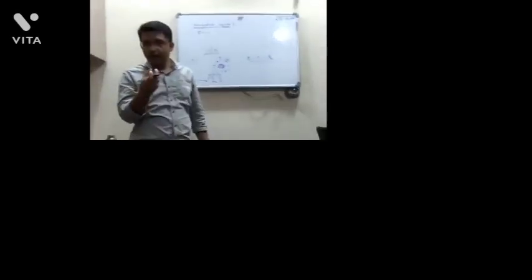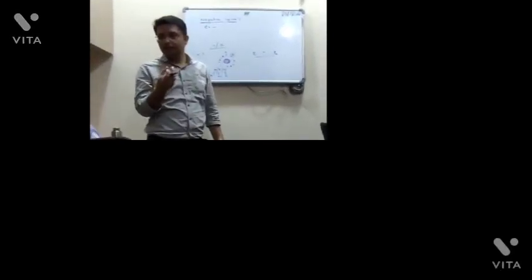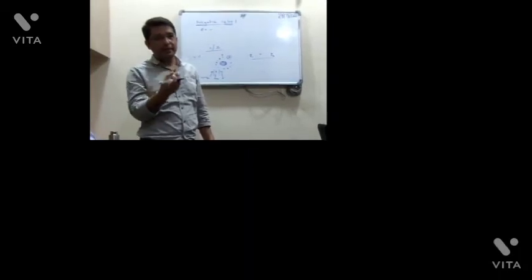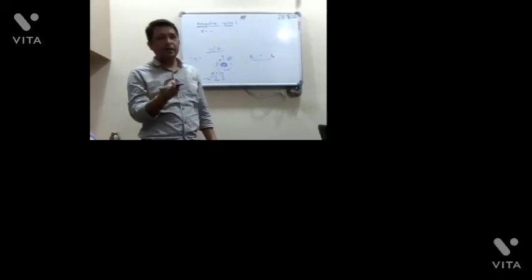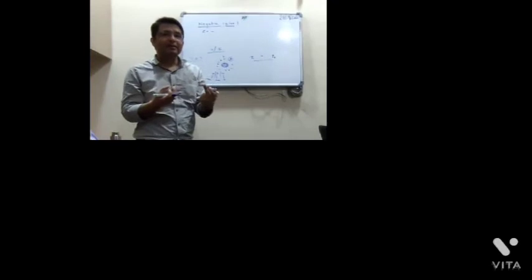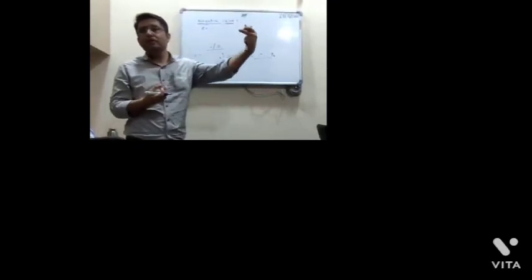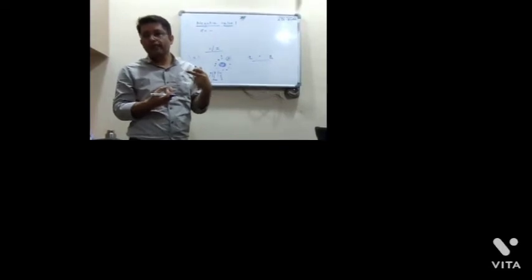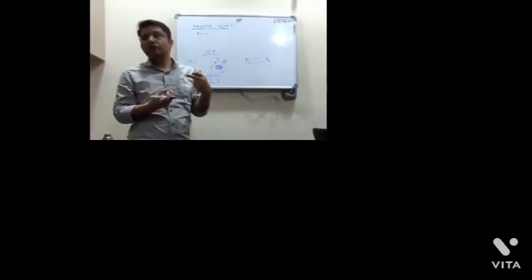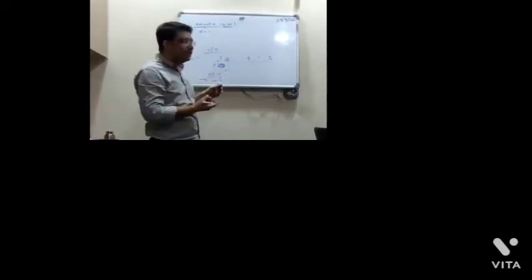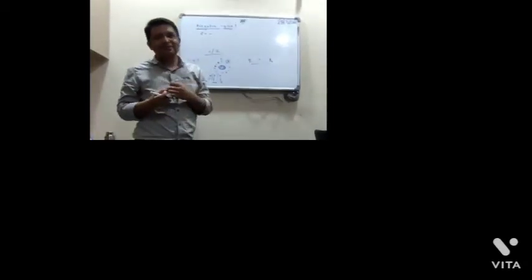Because it is a particle, an object. It has a mass, but what is different? Its property is different, because its property is to give negative force. Now what is negative force? It attracts.